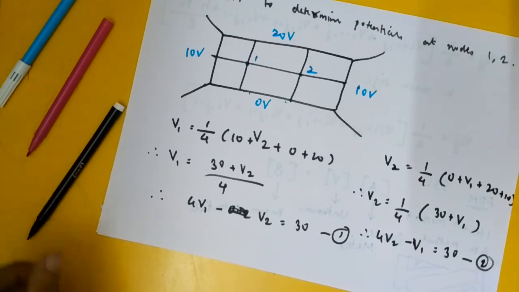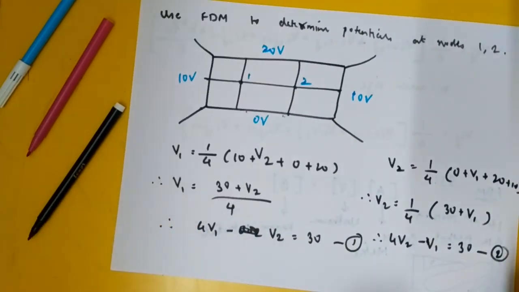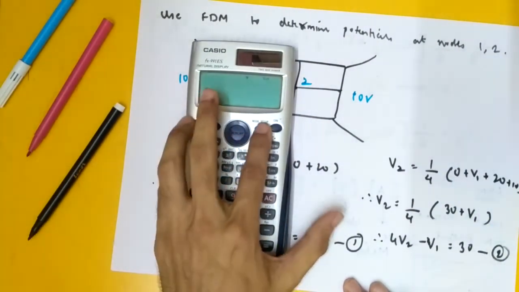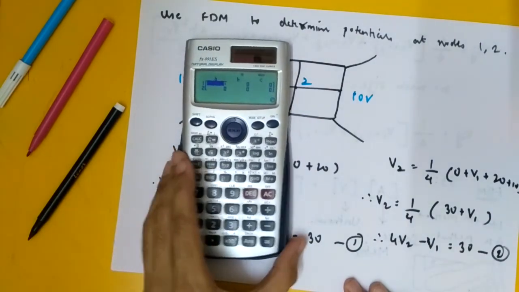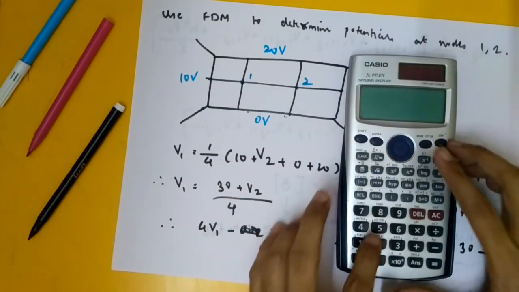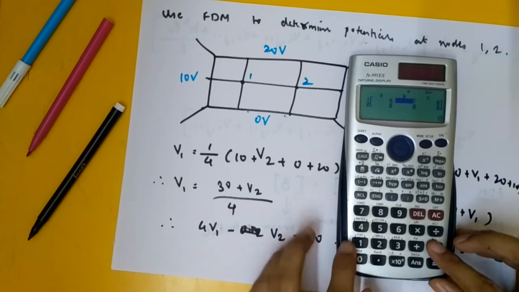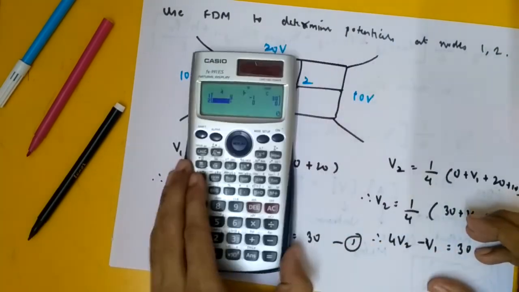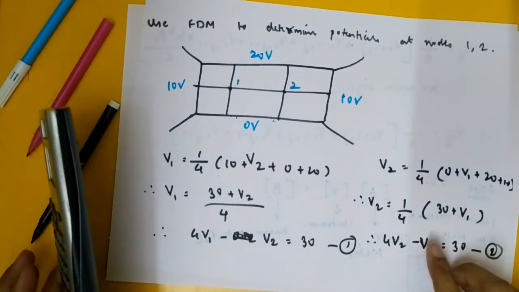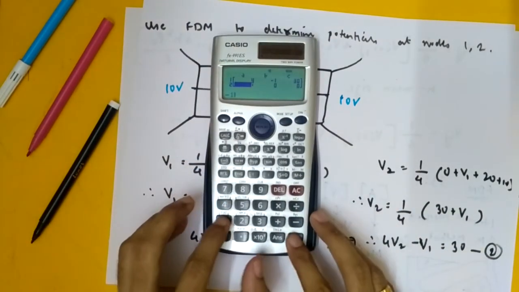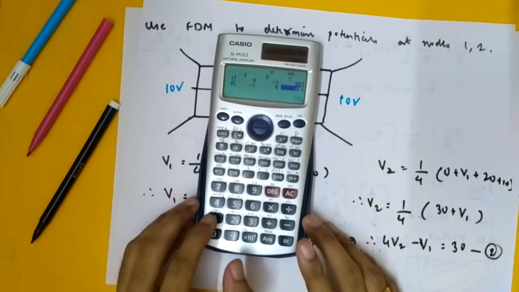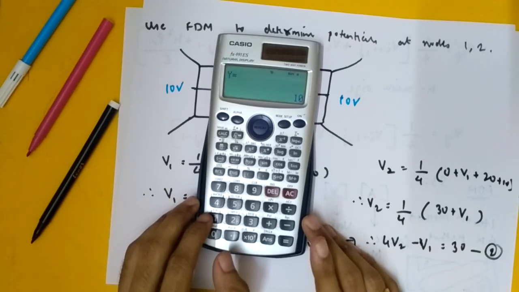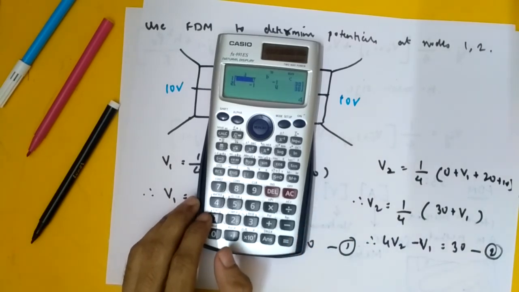So just substitute in the calculator, you'll get the answer for V1, V2 and you'll get 10 marks. Yes, this sum comes for 10 marks. So what we'll get? 4, minus 1, 30. Remember, here V1, V2 is taken, so here also V1, V2 must be taken. So minus 1, 4, 30. So 10 and 10 volts.